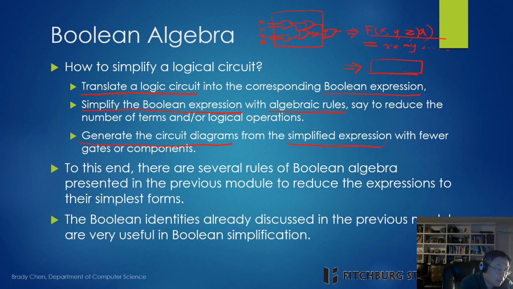We start from the logic circuit which contains many components, then we convert it into a Boolean expression, and we simplify the Boolean expression so it contains a fewer number of operations. Then we generate the circuit diagram from the simplified expression. Now we have completed the simplification of a logic circuit.